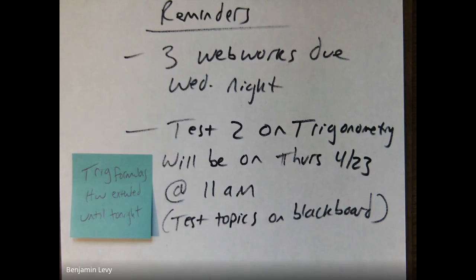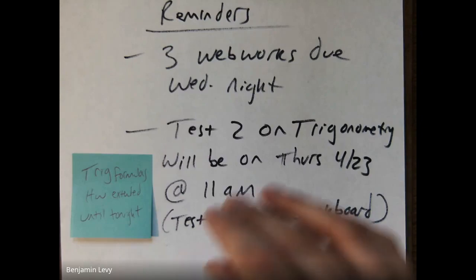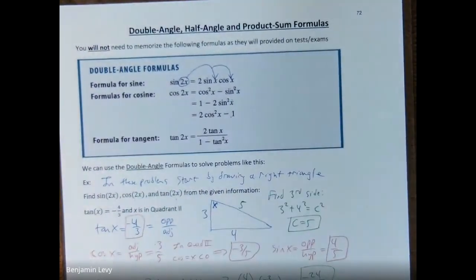I see Cameron has a question about the lowering and half angle formulas. Let me go ahead and take that page out of the notes here. That's approximately page 72, where that section starts. In section 72, we have some more formulas.